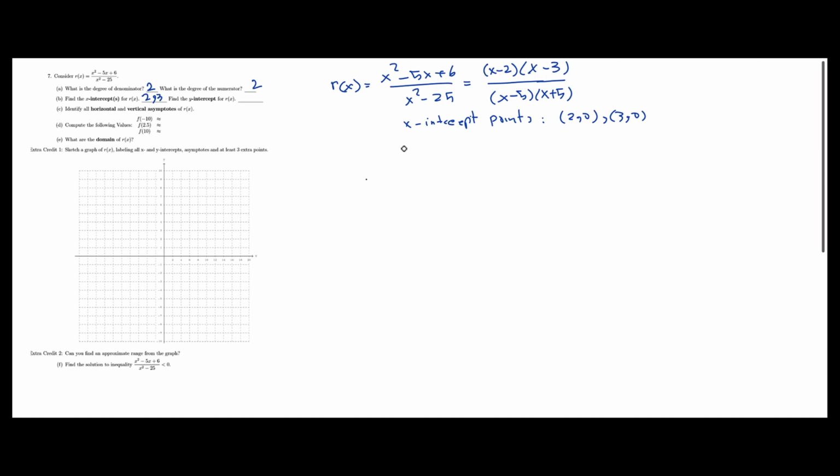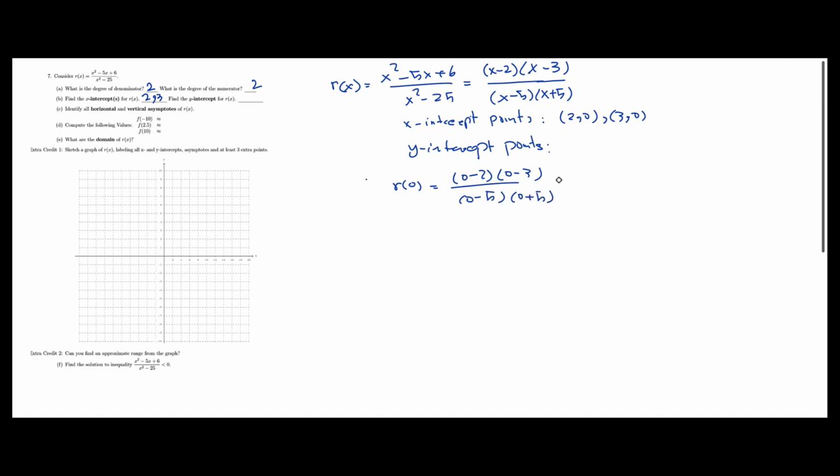When you're trying to find a y-intercept, you set the input equal to 0. So r at 0 gives me the y-intercept, which is (0 minus 2) times (0 minus 3) over (0 minus 5) times (0 plus 5).